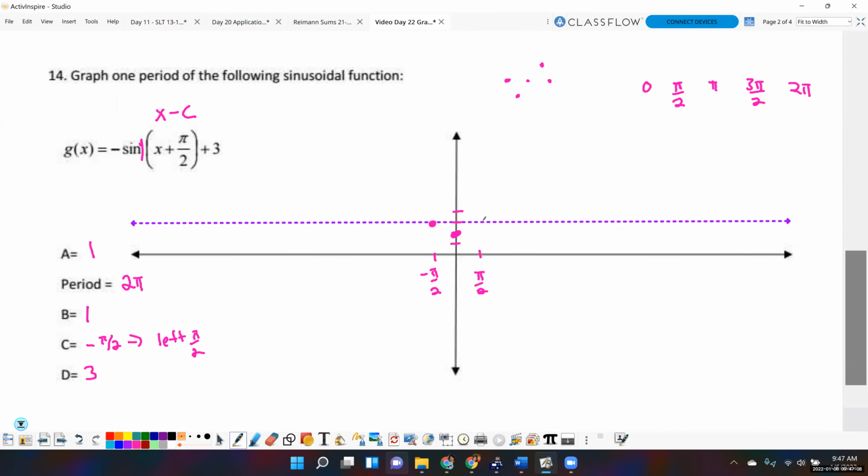Pi over 2, center. Pi, maximum. And before, when we would have ended at 2 pi, because we're moving the whole graph to the left, we're going to end at 3 pi over 2. Center. And there is one period of our reflected sine graph.